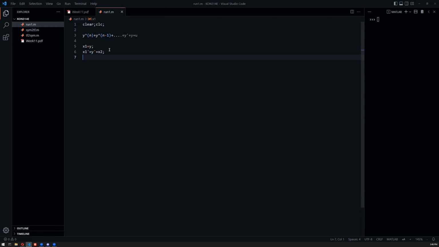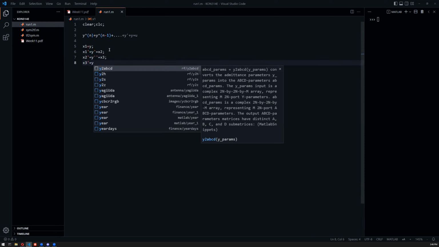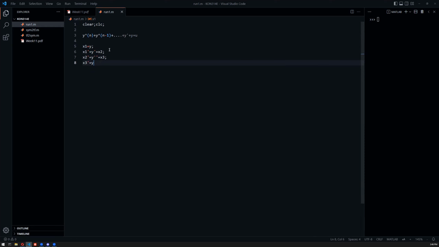Now, you can see that this is going to generate a pattern because we will have y double derivative sort of thing, which we will call x3, and then x3 derivative is going to be basically y to the third derivative, and then that's going to be x4, and it will go on like that once we reach basically the highest order term, yn.